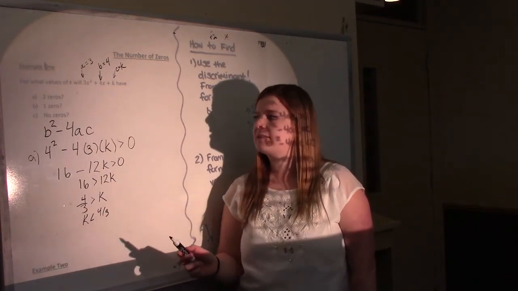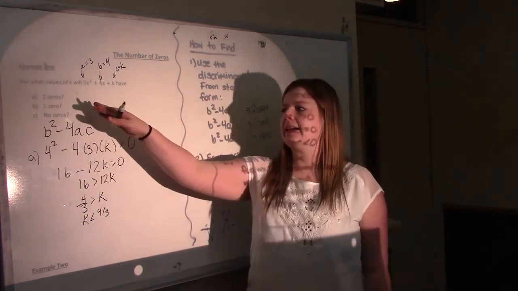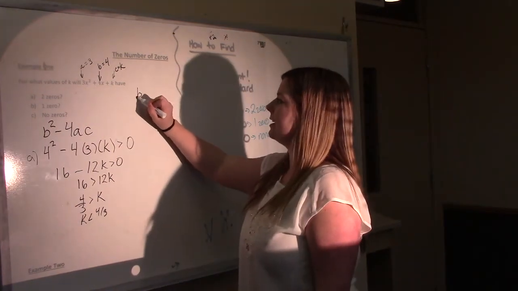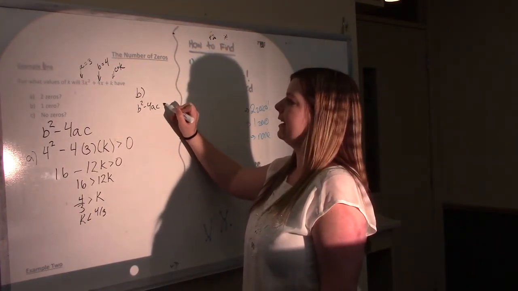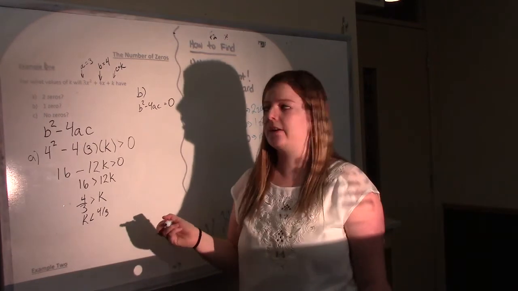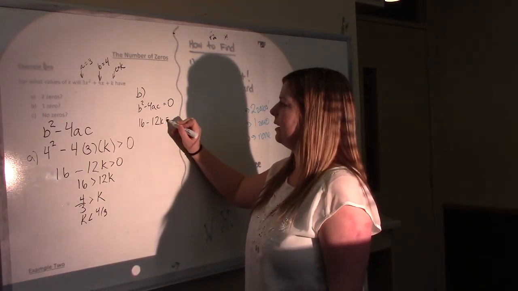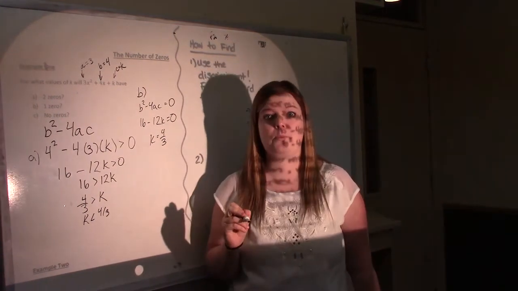Now pause the video and, using this information, solve B and C. Really, you just go through the same process, but in this case you would have b squared minus 4ac equaling 0 for there to be 1 zero. So this would end up being 16 minus 12k equals 0, so k would be equal to 4/3 for there to be 1 zero.